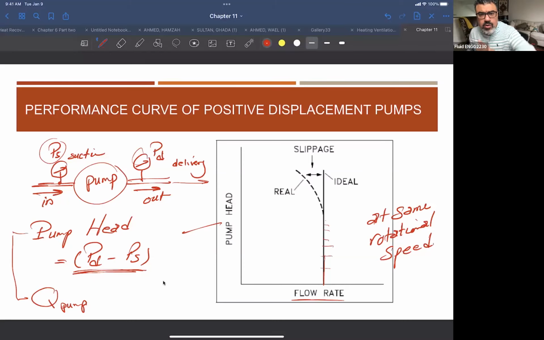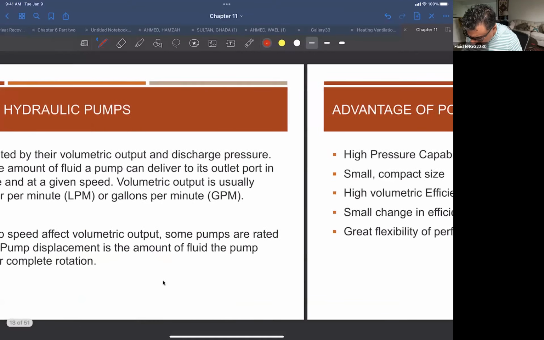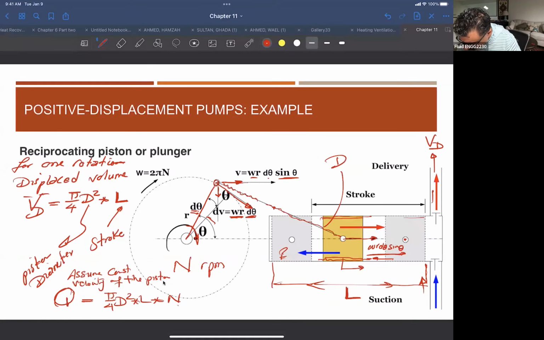Ideally, this line can go all the way, like a straight line, right? But what happens if you have a very, very high pressure? Now you start seeing leakage in between the pistons, which means that the higher the pressure is, the more internal leakage will happen. Now the actual flow rate going out of the pump will decrease a little bit.